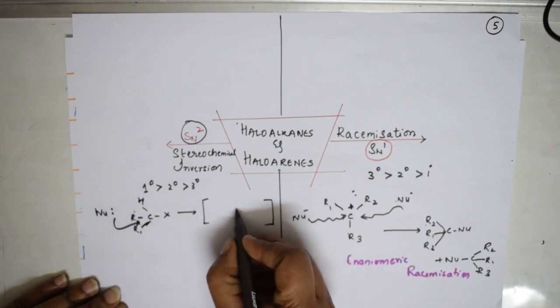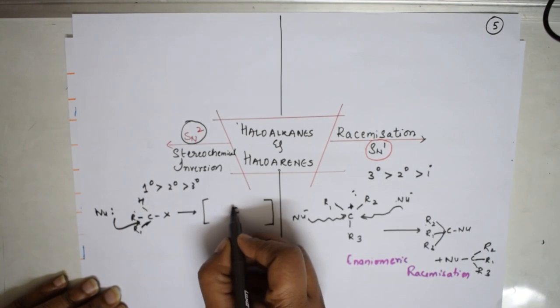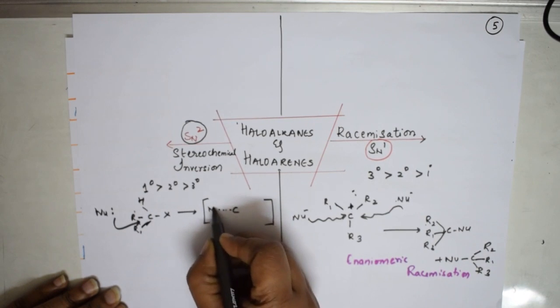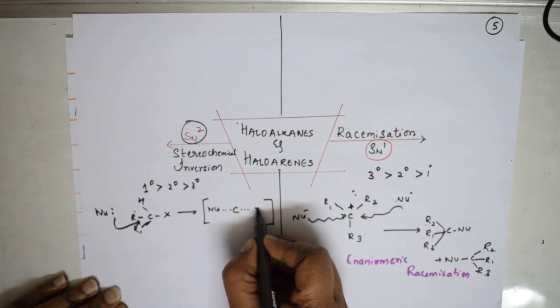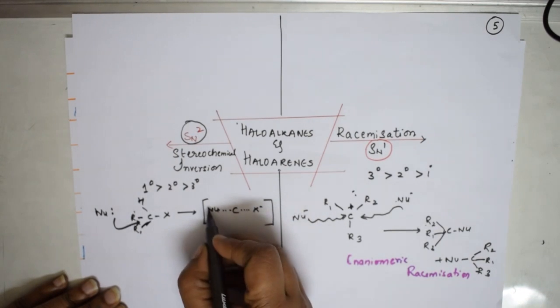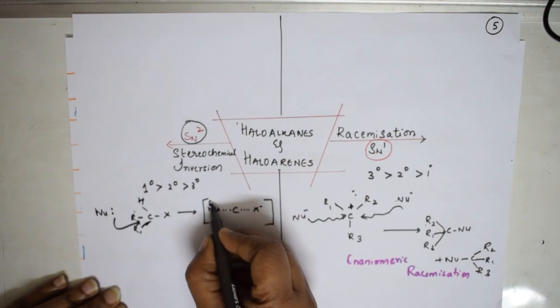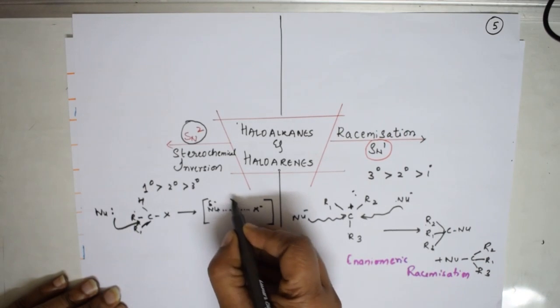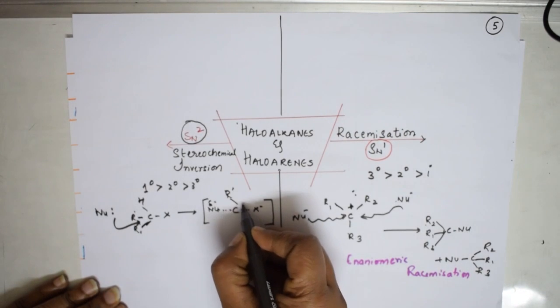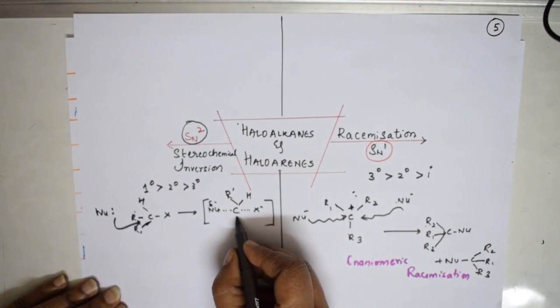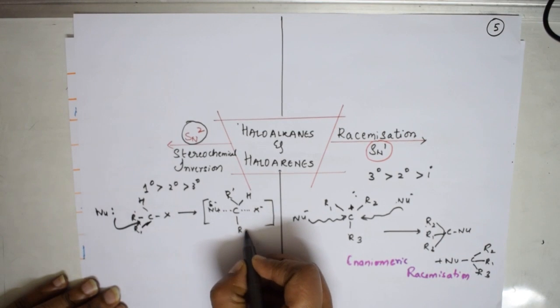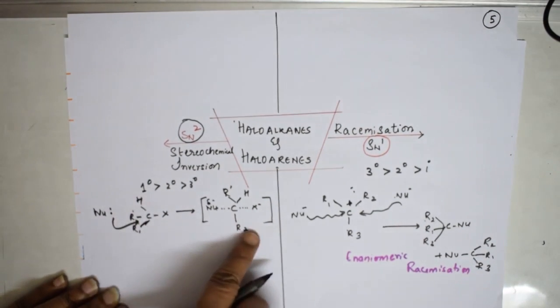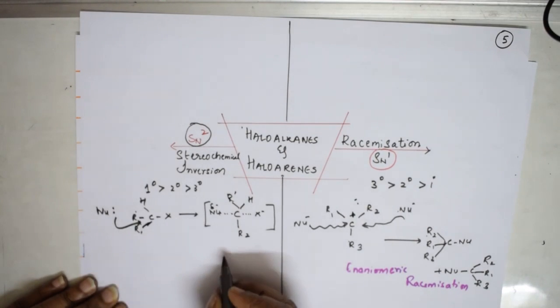How does the compound look? Carbon in the center, you have the nucleophile here, you have one more which is in transition state, which is temporary in nature, and here you have R prime, this is H, and down you have R2, right? Now see, this is a transition state.